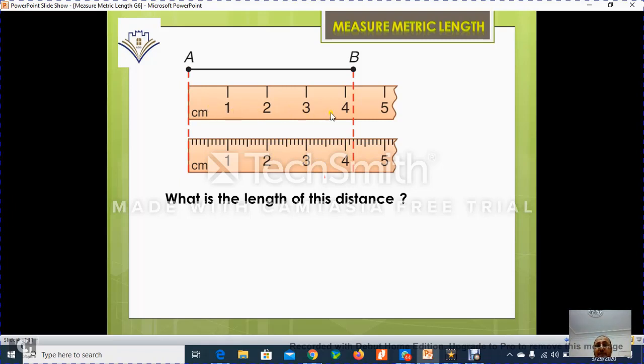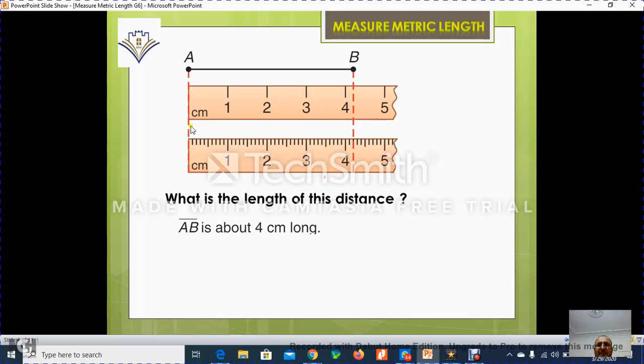Is it exactly 4 centimeter or more than 4 centimeter? It's more than 4 centimeter, but we can say the line segment AB is about 4 centimeters long.